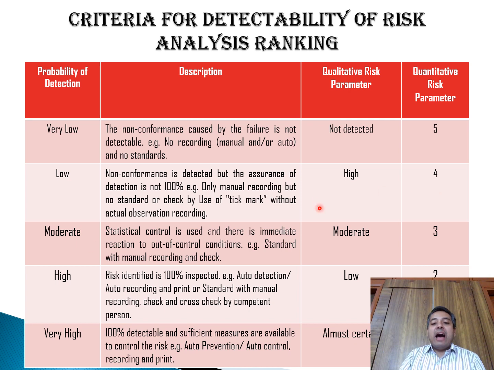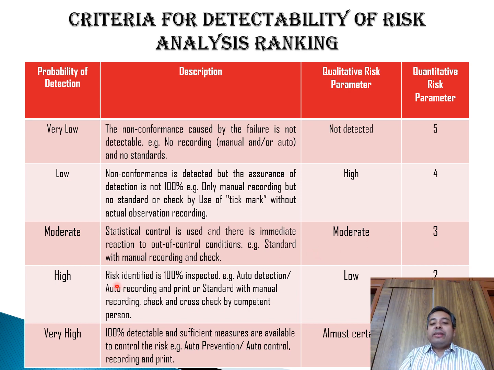After that, if the system has statistical control, and there is immediate reaction to an out of control condition, for example, a standard with manual recording and check, then the system can be categorized as a moderate detection strength system, and the rank can be given as 3.